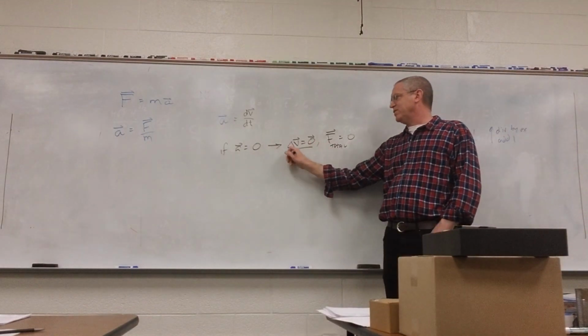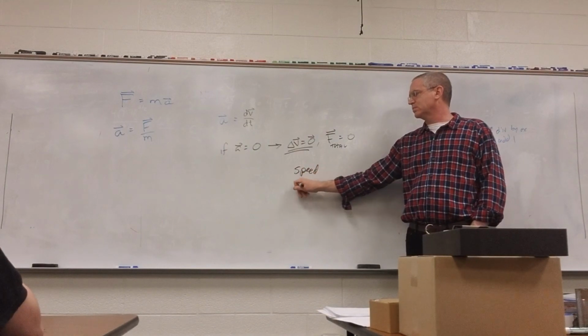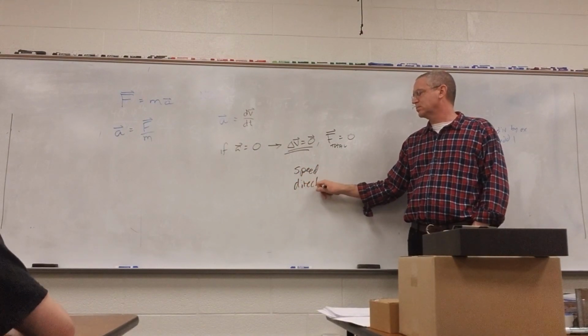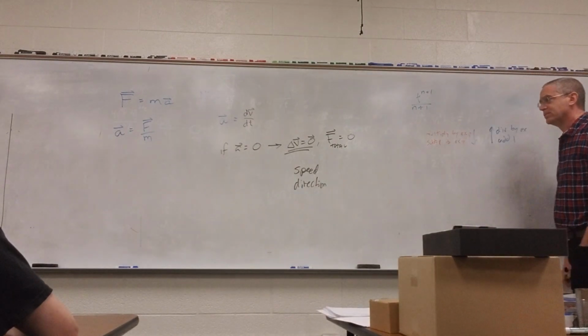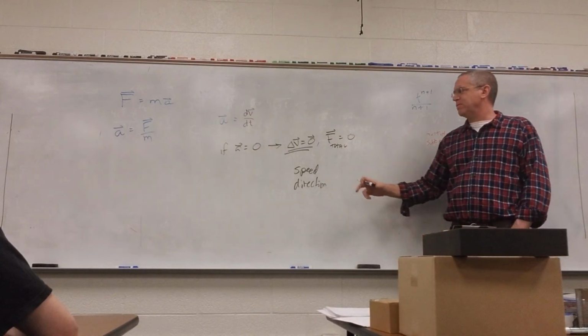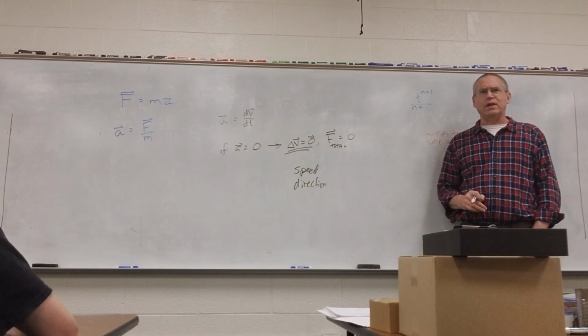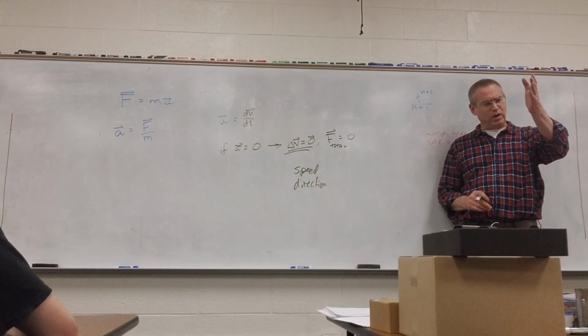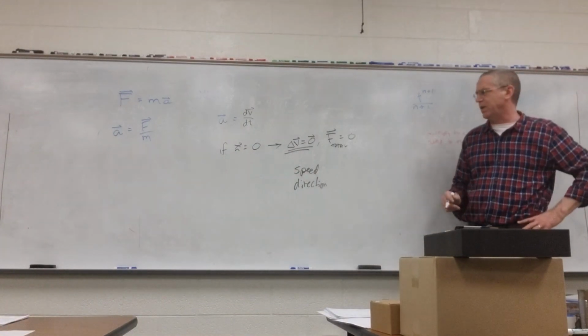So if the change in velocity is 0, that means it has a constant speed and direction. The speed could be 0 or not. So if the total force acting on something is 0, whatever the speed is, it's going to maintain that in whatever direction. It won't change direction, and it won't change the amount of speed.